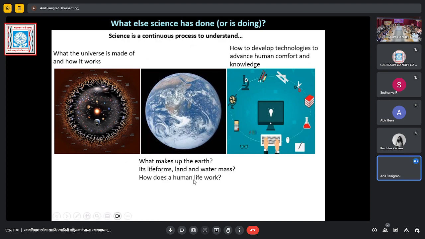That comes as a part of an assemblage of all the biological systems, all the animals, all the plants, starting from the bacteria, viruses, everything, and how human life works.